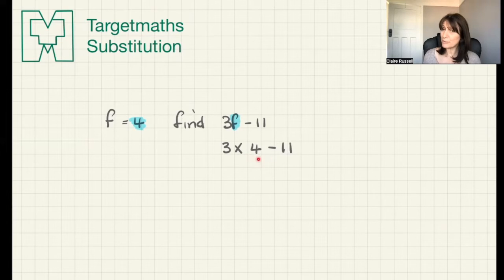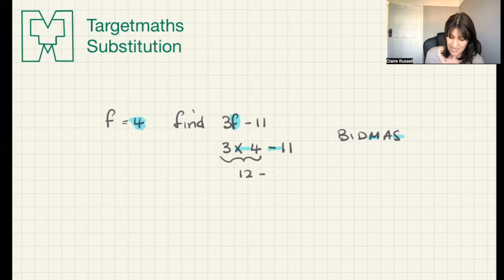We've got 2 operations, so I need to be thinking about my BIDMAS as well. I've got a times and a take. The timesing is going to be done first. 3 times 4 is 12, and then 12 take 11 is 1. So my final answer is 1.